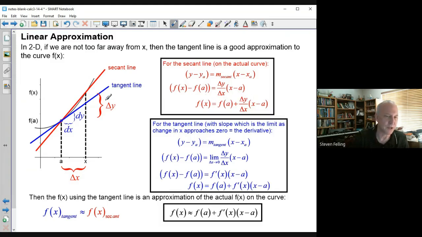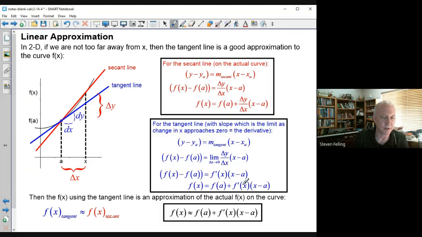But we said that if we wanted to approximate the curve with the tangent line rather than a secant line, we would take the derivative, and then that same structure would give you that the change in y, which is f of x minus f of some constant a that you choose, is equal to the derivative as the slope times x minus a. Okay, and so therefore f of x can be approximated by taking f at some point a and adding onto it the little change in x times the derivative.